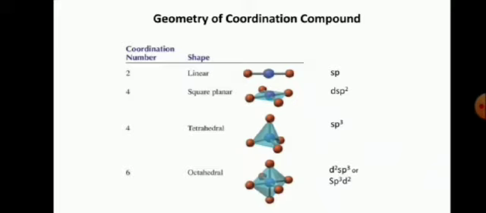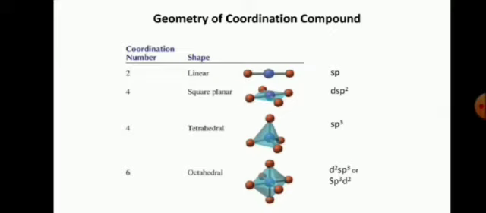Similarly, if the ligands are 4, it can be either square planar or tetrahedral. If the hybridization is dsp2, you can count 1d, 1s and 2p, so that makes up 4. Or it can also be sp3, 1s and 3p, that again makes up 4, but the structure is different.